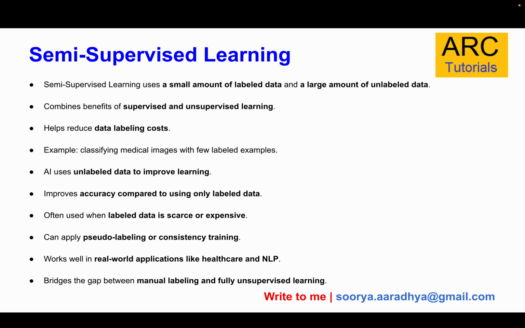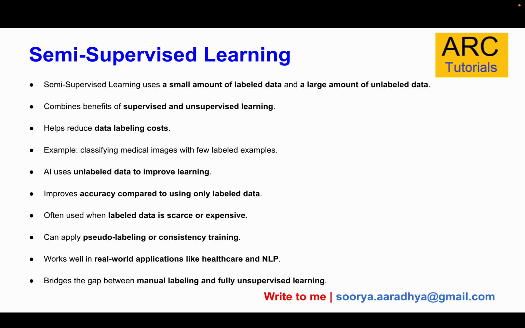Now then there is something of a subset called semi-supervised learning. Here we use a very small amount of labeled data with a large amount of unlabeled data. Again, these are all broken down into subcategories, but you should know that there is something called semi-supervised and self-supervised. Semi-supervised combines the benefits of supervised plus unsupervised learning.